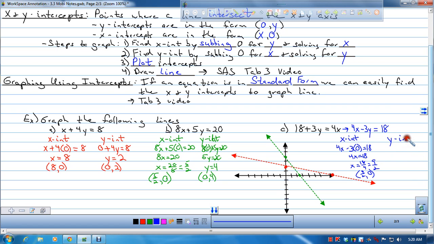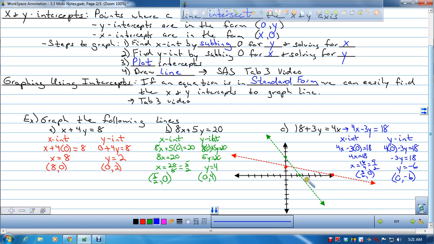And when I find my y-intercept, I plug in 0 for x. So 4 times 0 minus 3y equals 18. So negative 3y equals 18 gives me y equals negative 6. So I have a point at 0, negative 6.